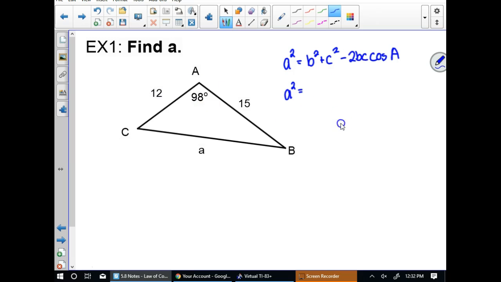These just need to be the two other sides that you have, right? So technically B is 12, but if you put 15 instead, you're still going to get the right answer. And then 15 is side C, and minus 2 times 12 times 15, and we'll have cosine of angle A, which is 98.